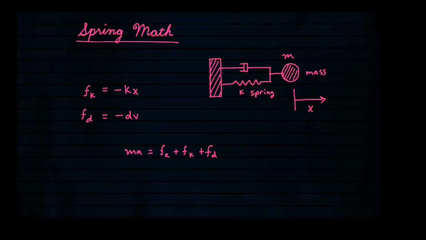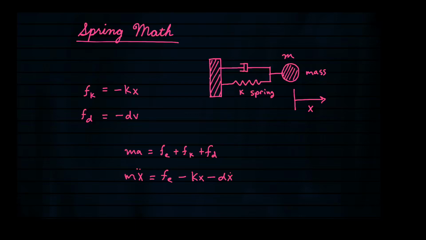So we'll have that m times the second derivative of x, which is acceleration, equals our external force minus kx, which is our spring, minus d times x prime, which is the velocity.